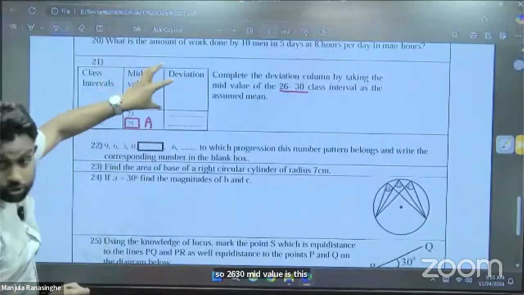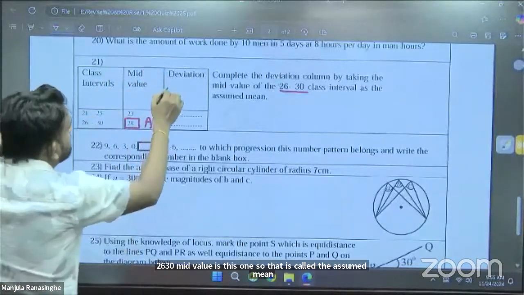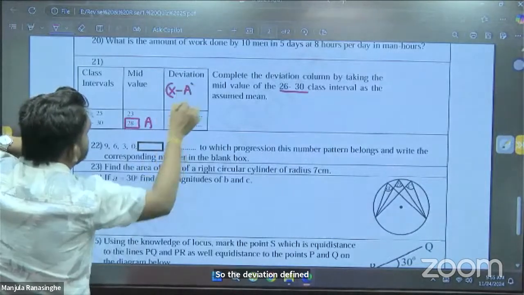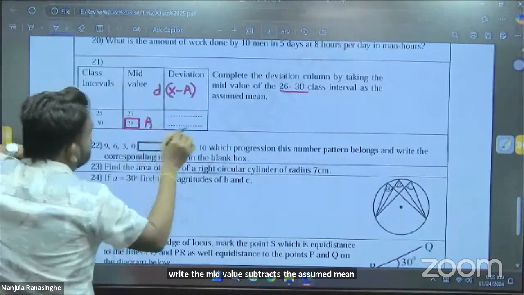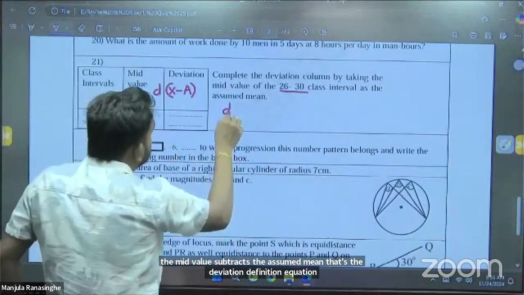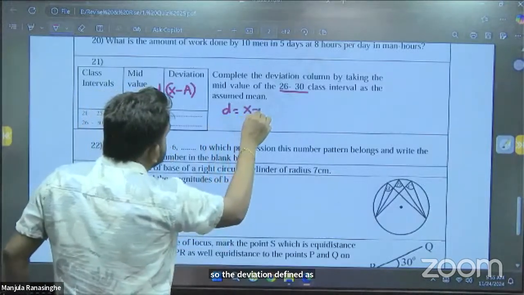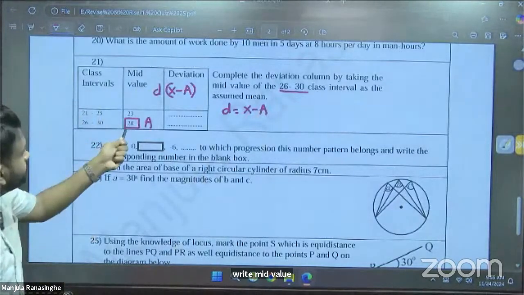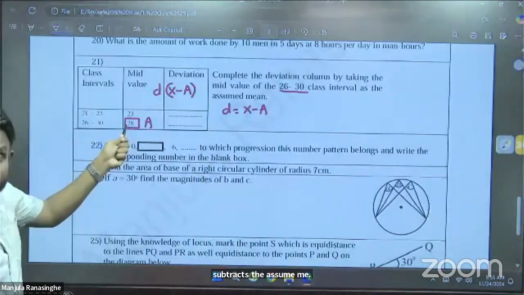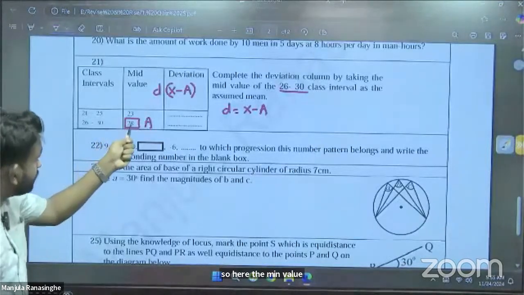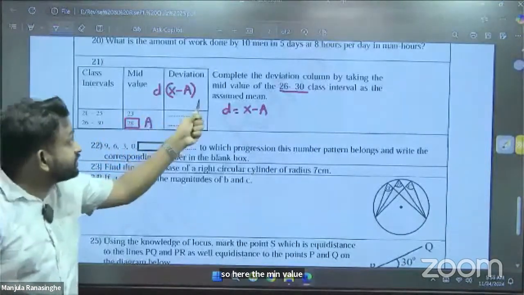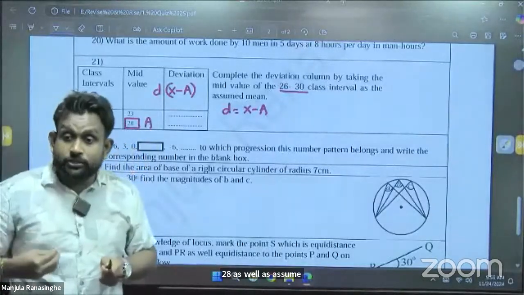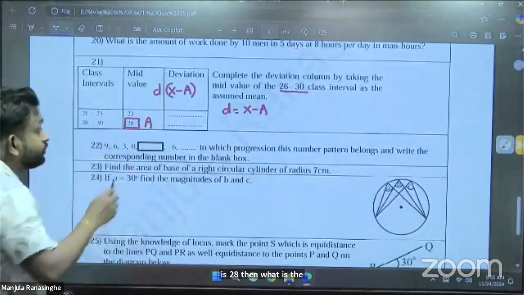So that is called the assumed mean. So the deviation is defined, right? The mid value subtracts the assumed mean. That's the deviation definition equation. So here the mid value of this class interval is 28, as well as the assumed mean is 28. Then what is the deviation of that? 28 subtract 28, 0.